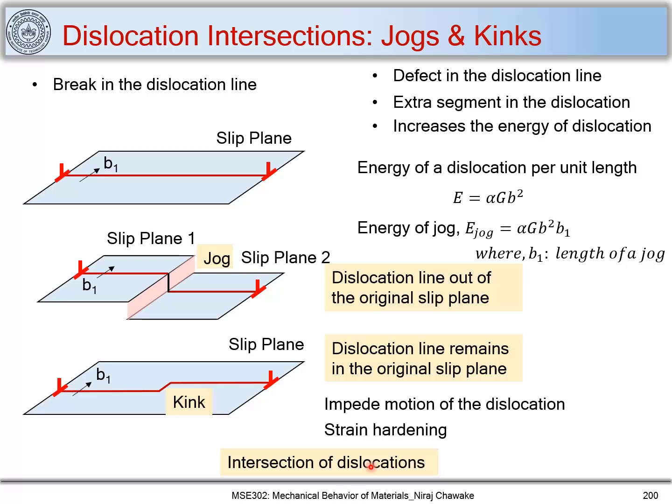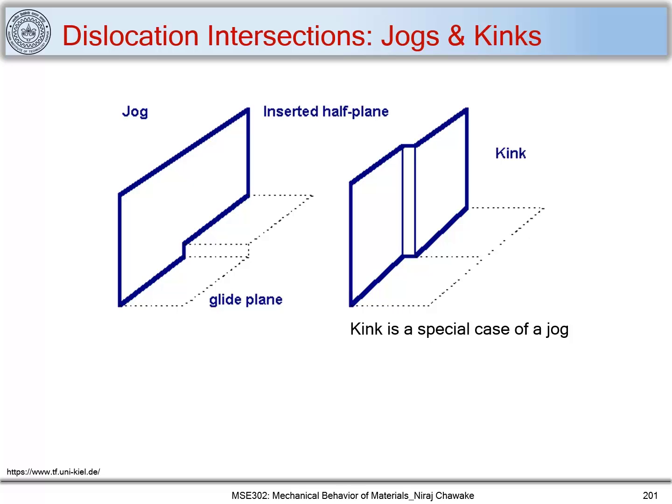Now let's look at jog and kink in more detail. Here we have shown a jog and a kink, and you can see this is a dislocation line, and there is a break in this dislocation line. Let's mark that you have a glide plane here, and you have a glide plane here, and this break is on the other plane which is not a glide plane for this dislocation, and such breaks in the dislocation line are called jogs.